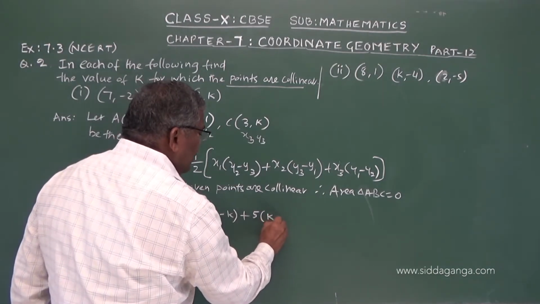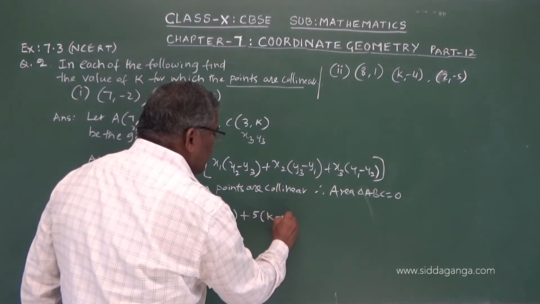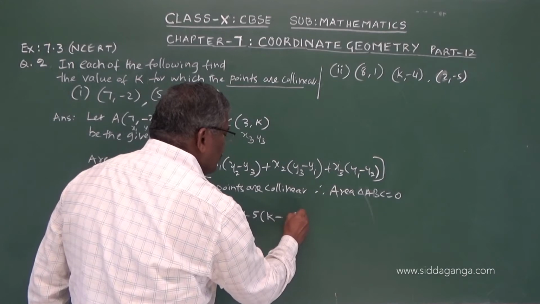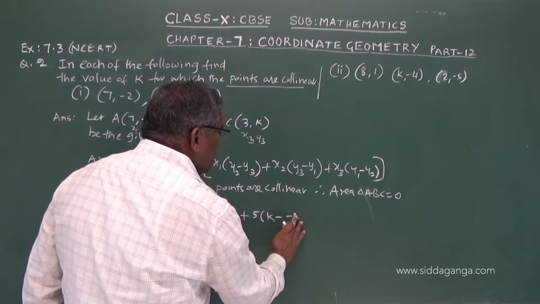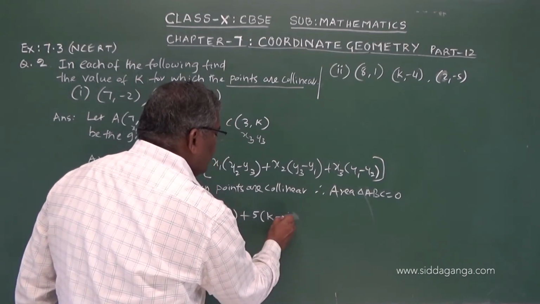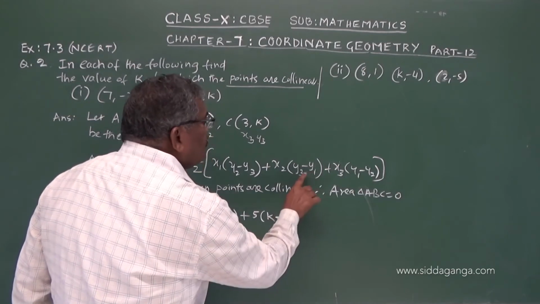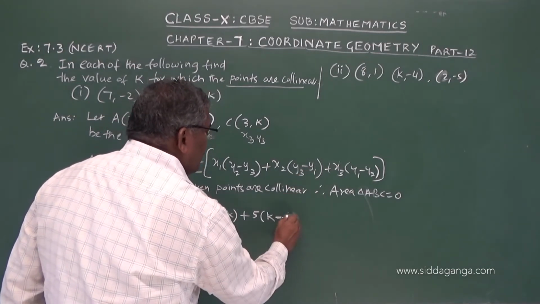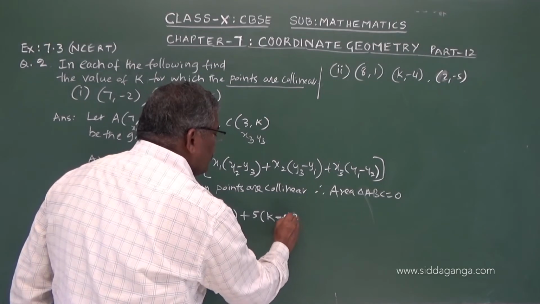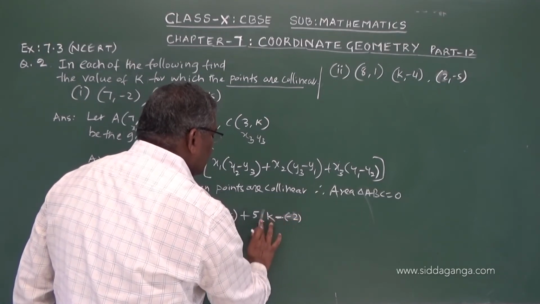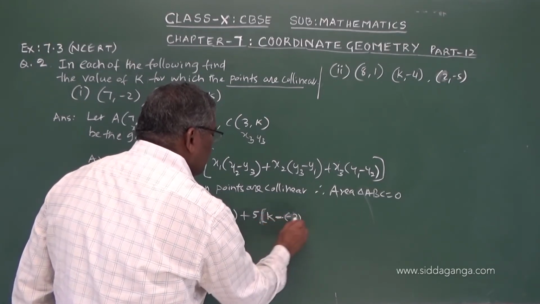So (k minus of minus 2). You observe here, we have the formula y3 minus y1, that is k minus of minus 2. Take a big bracket here.